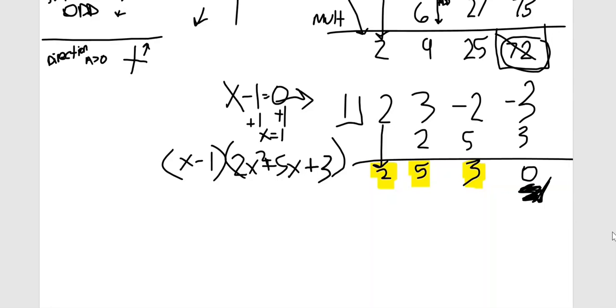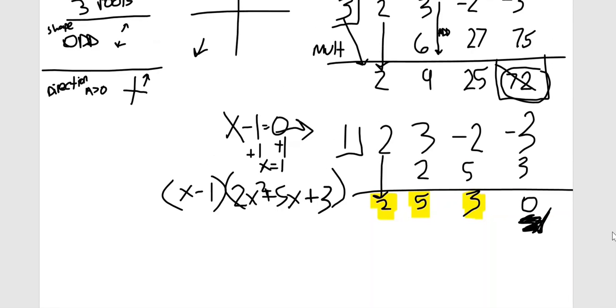We would have to stop and ask, if we were trying to factor it further, could that quadratic be factored? What two numbers multiply to give A times C and add to give B? We could even do that now. What is A times C?